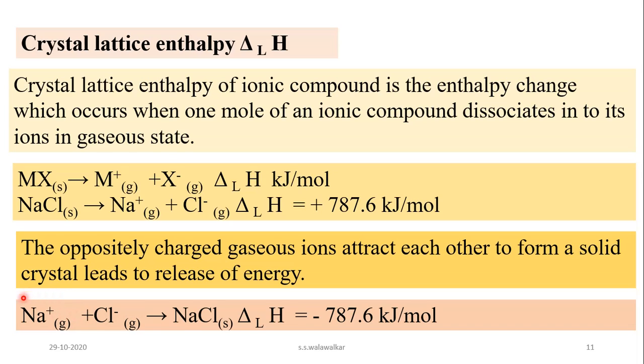Whenever sodium ion in a gaseous state and chloride ion in a gaseous state combine and form solid sodium chloride, the energy released is minus 787.6 kilojoules. That means the sign is reversed: to separate the ions it is plus 787.6, while during the formation of solid sodium chloride from oppositely charged gaseous ions, minus 787.6 kilojoules of heat is released.